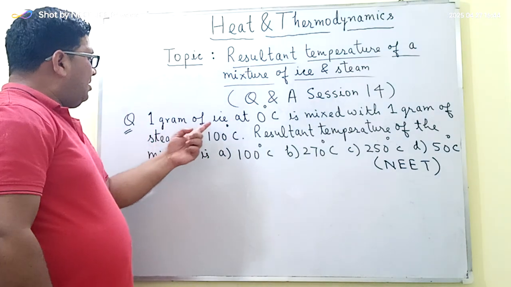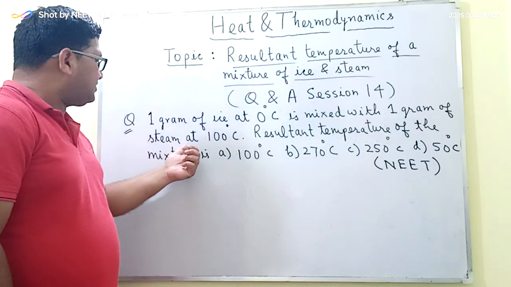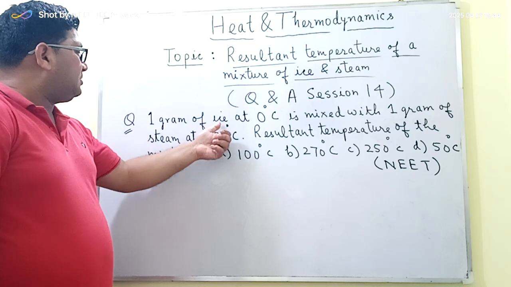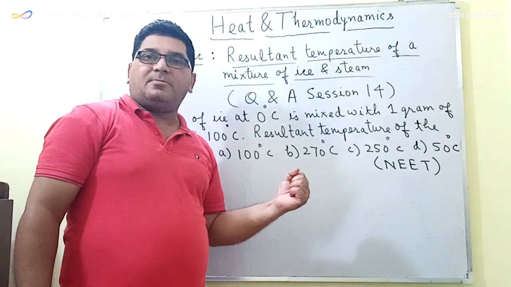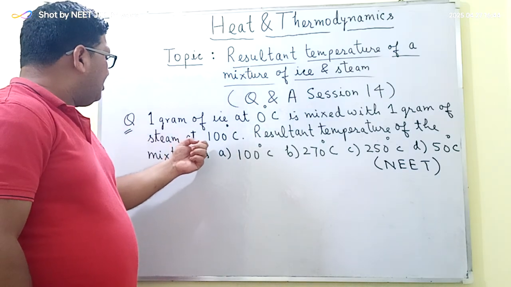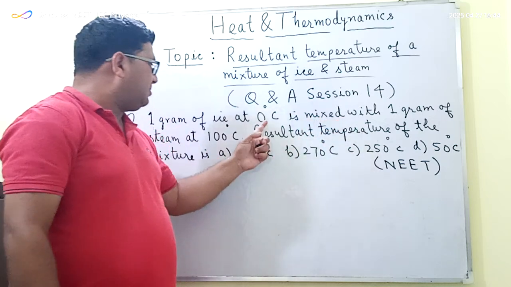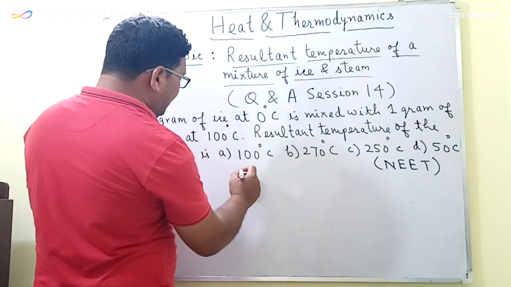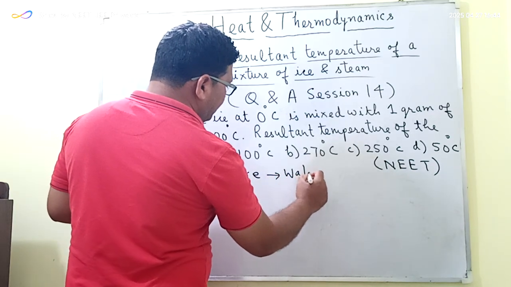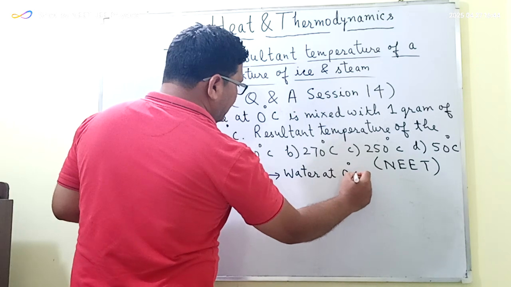So here in this case, when the ice is mixed with the steam which is at 100 degrees centigrade, this ice will absorb the heat energy from the steam and will get converted into water at 0 degrees centigrade. The first step will be that ice will get converted into water at 0 degrees centigrade.